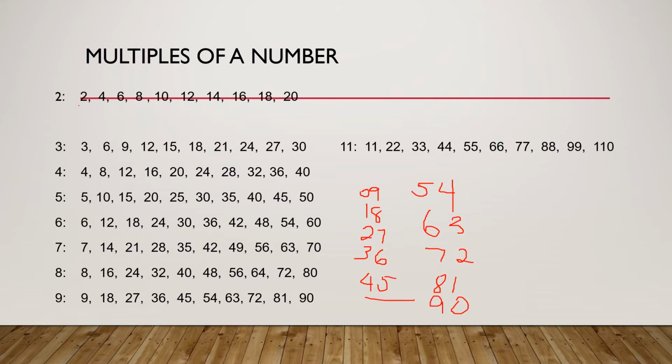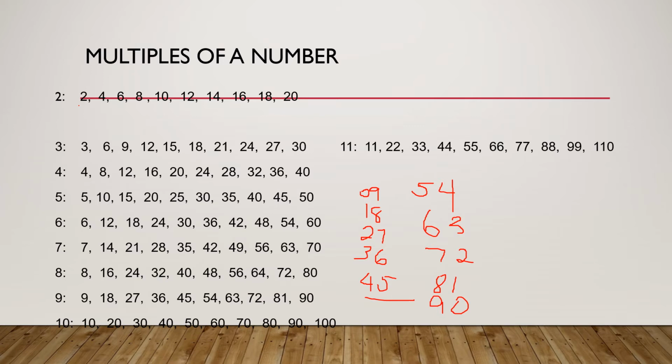Okay? Next, of course, 10. For multiples of 10, that's easy. Okay? A child should have this memorized at the age of 6 years old, or 10 years old, or less than 10 years old.